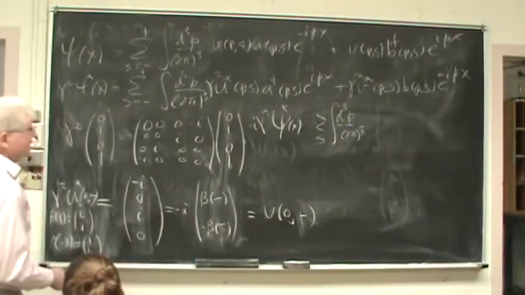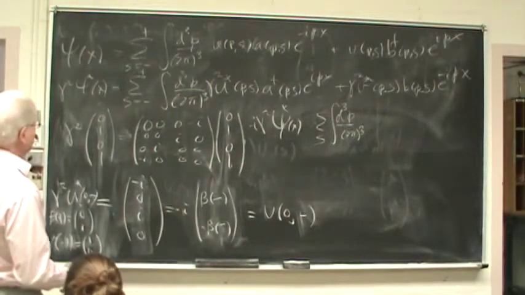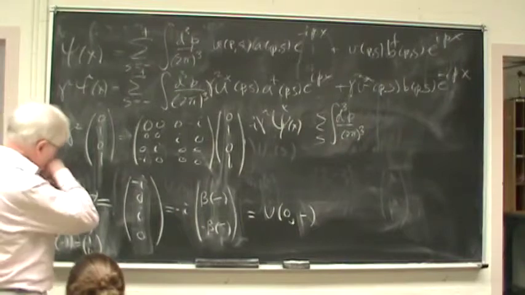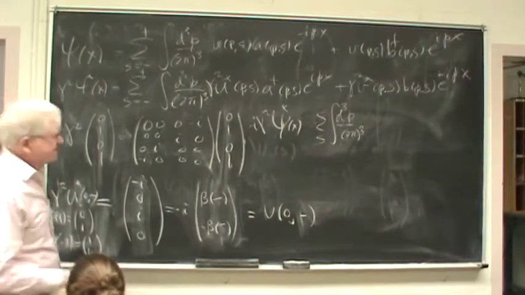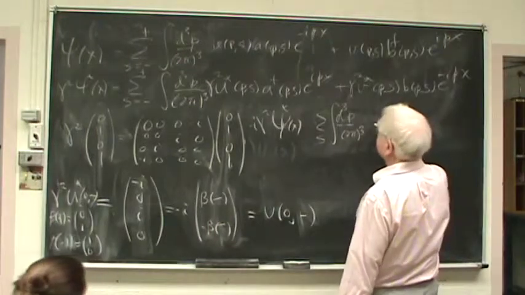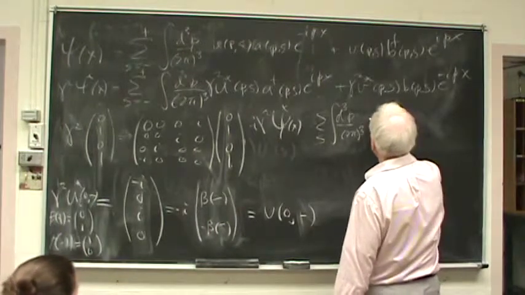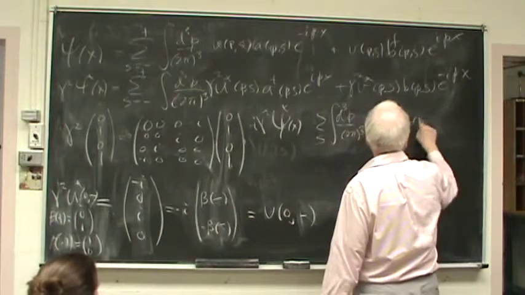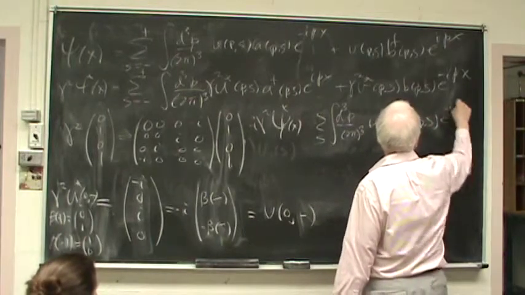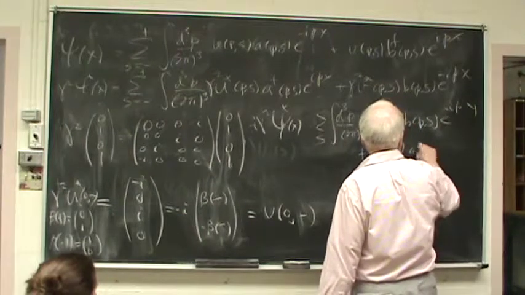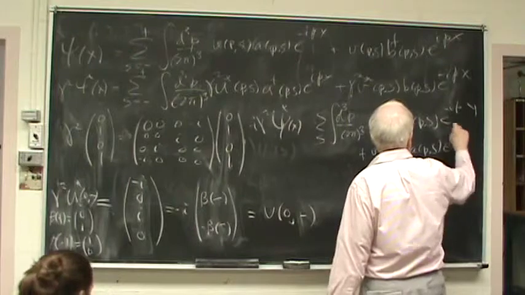And if we multiply by, what did I say, an extra i? Minus i. Well, maybe an overall minus sign, but that doesn't really matter. In any event, what we get then is u of p and s, b of p and s, e to the minus i px, plus v of p and s, a of p and s, e to the i px.